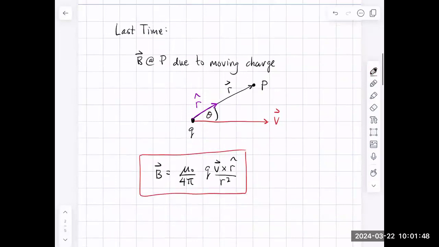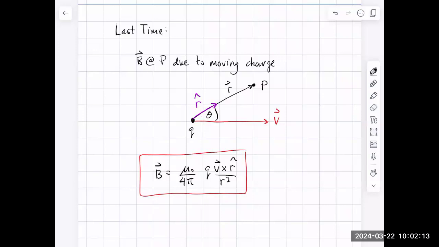What we had been talking about before the quiz was the fact that moving charges or currents create magnetic fields. We first thought about a single point charge Q moving with velocity V. If we wanted to know the magnetic field at point P, we had to calculate it in a somewhat more complicated way.